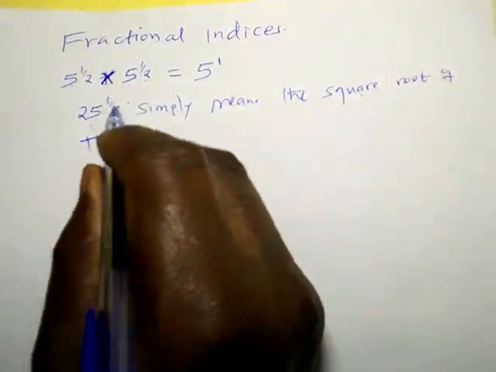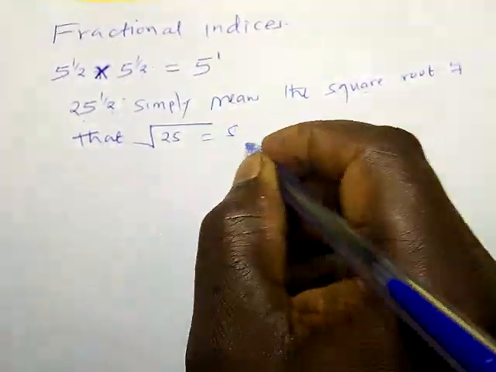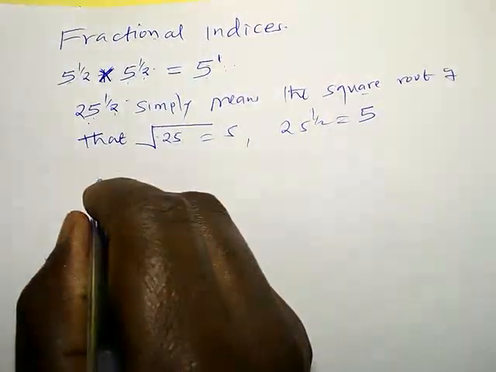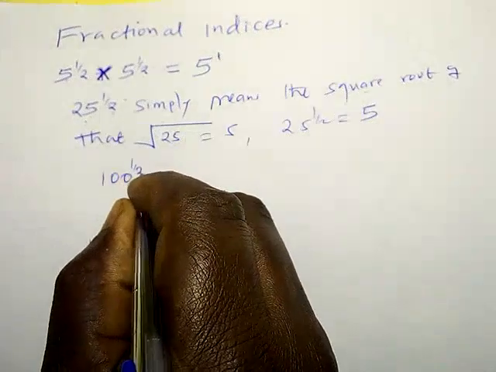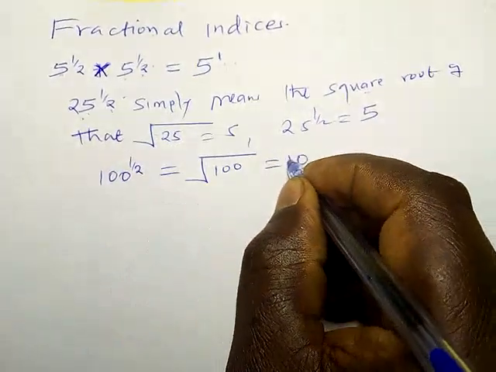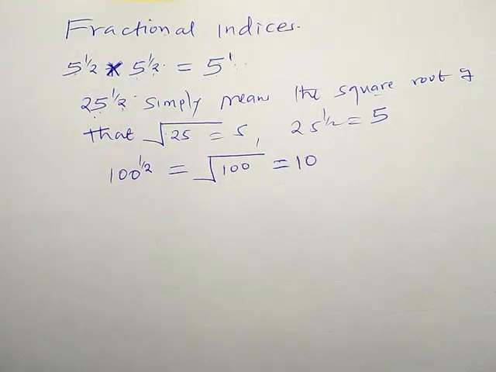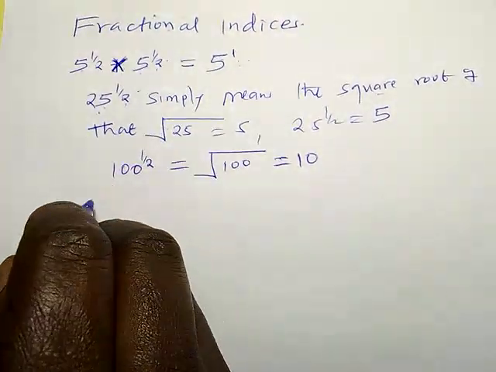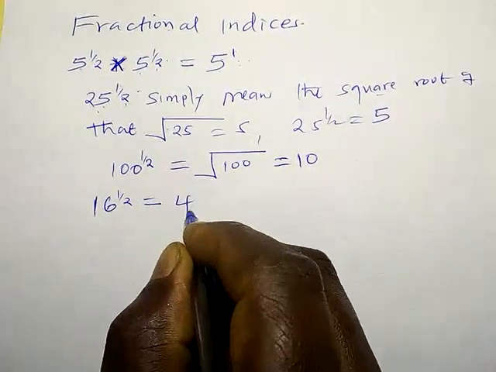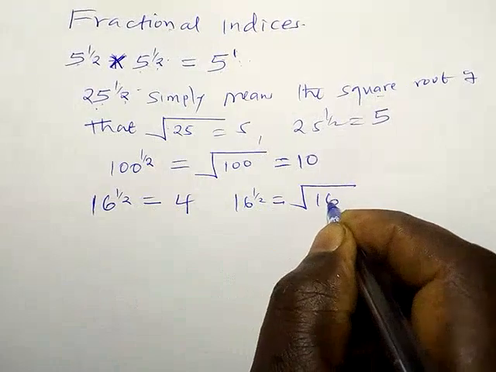So 25 raised to power half is the square root of 25, which is equal to 5. 100 raised to power half simply means square root of 100, and the answer is 10. Very good. 16 raised to power half is the square root of 16, and the answer is 4.